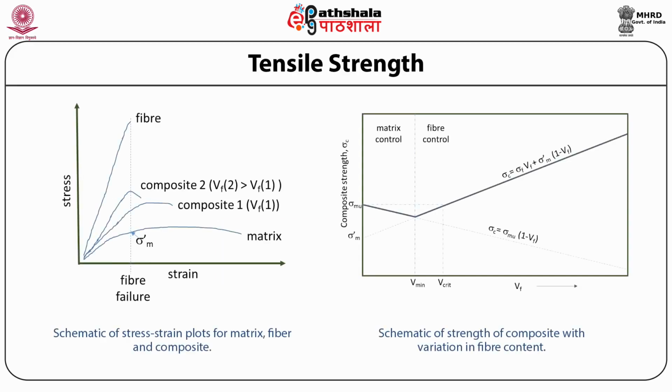So these are the figures showing the schematic for the stress-strain plots. The left side figure shows the schematic of the stress-strain plots for a matrix, a fiber, and two composites, that is, composite 1 having V f1 and composite 2 having V f2 greater than V f1.